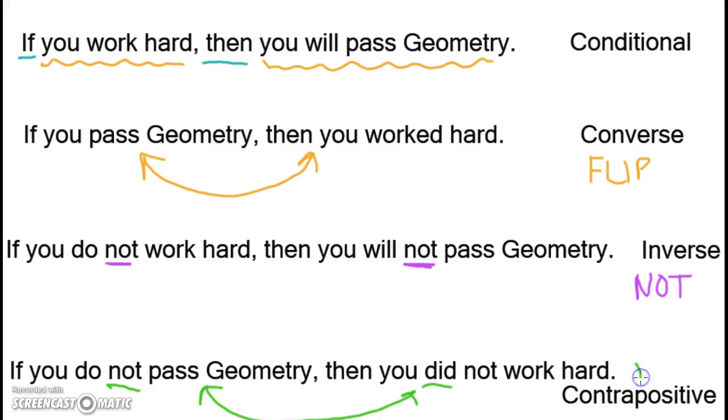So for contrapositives, you do both. Now notice that all of these have an if and a then. All that we're doing is taking the hypothesis part, let me go ahead and label that too, hypothesis, and the conclusion part, and we're manipulating them, either flipping them around or adding nots.